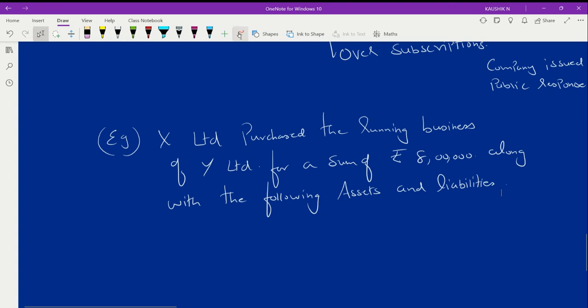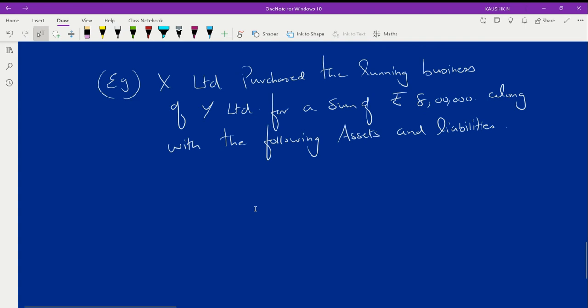Okay. So now in this, if you see, they have said assets, for example, whatever you have taken.